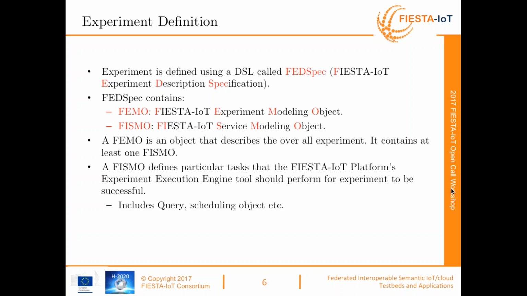A FEMO describes the overall experiment, what the experiment does and so on. A FISMO is the more detailed one. It contains all the scheduling objects, the query that you want to execute, and so on. This here is a template of a FEMO and a FISMO.